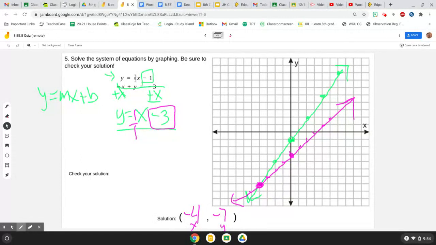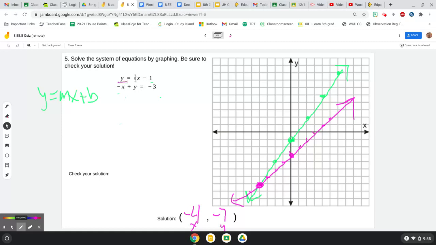But now I need to do that checking. Okay, and I'm going back to my original problem. So I can't use this one that I solved for. I need to go back to my original. So I'm going to give myself some space. Okay. So looking at my original, in order to check, I'm just substituting in x and y. And for my first equation, it starts with y. So my y value, I think, is -7 equals 3 over 2 times x, which in this case, I think is -4.